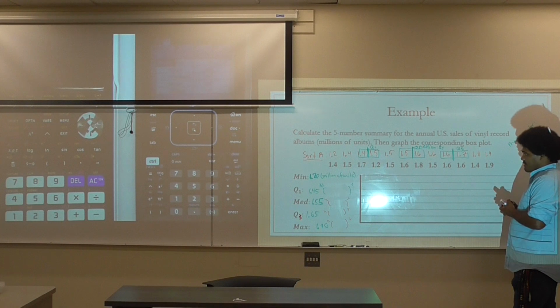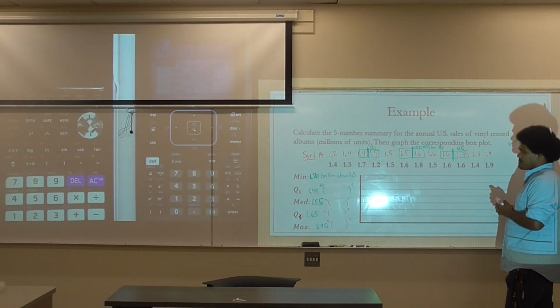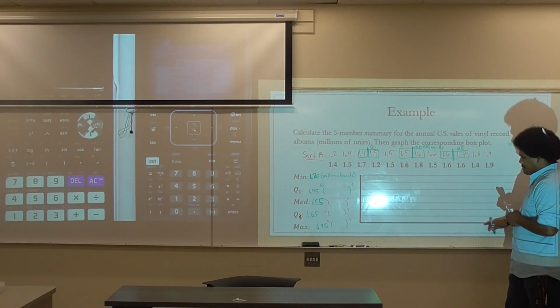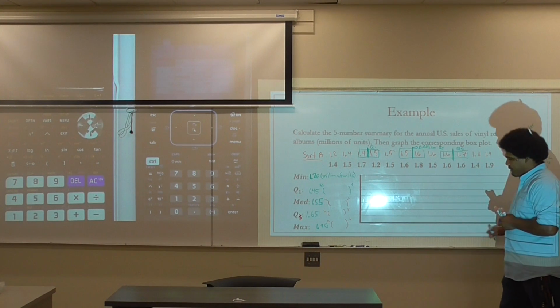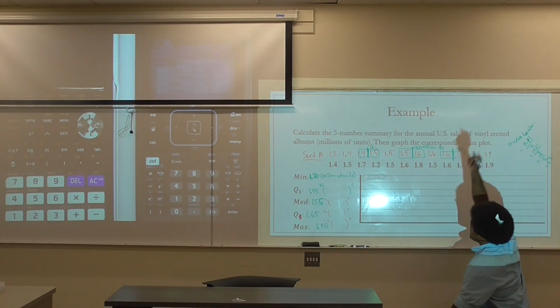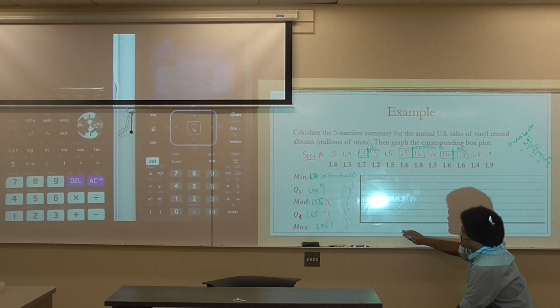So now, how do I draw the box plot? Just note that here is the x-axis. This is supposed to be always your x-axis, the horizontal line right here. That was supposed to be your measures, because remember these were all x's. Keep that in mind.